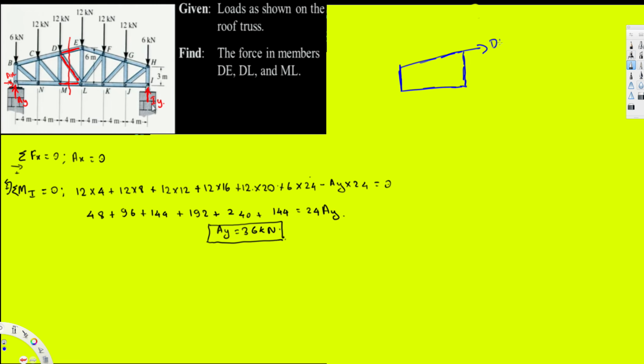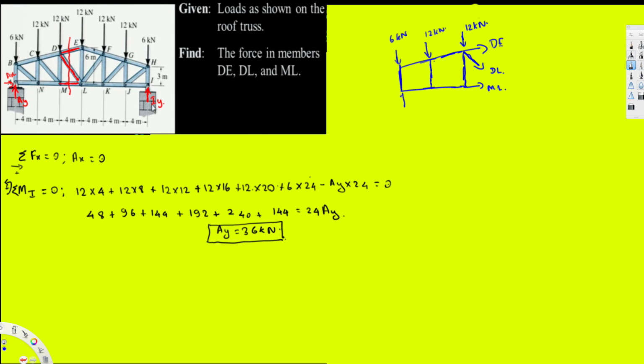We have D right here, DL right here, also we have ML, and we also have a 12 kilonewton force acting on this. Another 12 kilonewton in the middle, 12 kilonewton right here, and also 6 kilonewton right here.